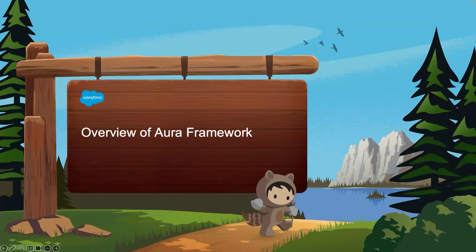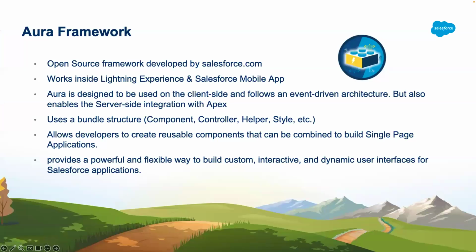But Aura basically is nothing but a framework introduced by Salesforce in 2014. So in 2014, they introduced the Aura framework for the first time. And the purpose was building dynamic web applications. If we have observed, from the moment we started talking about Lightning, it is all about responsive client side, server side, event driven, SPAs.